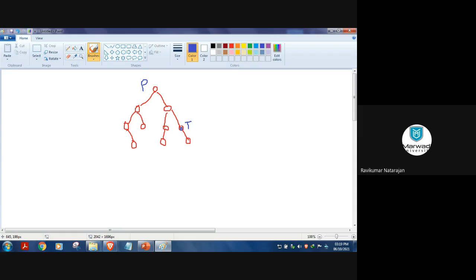The main property is you have to explore all the nodes. You should not skip anything. See, while playing games, there will be a lot of coins. If you play Temple Run, you will fetch all the coins, right? So likewise, you have to visit all the nodes. You should not skip anything. You can't say that from here you directly jump here.